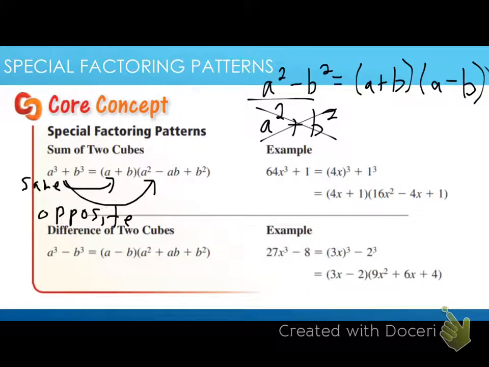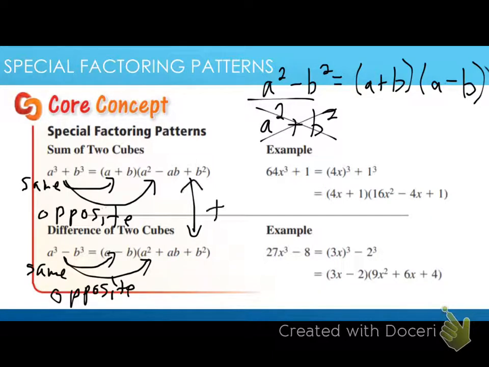Same thing with the difference of the two cubes. We have the same sign, opposite sign. That last one will always be positive for these two formulas. Always be a plus sign. So it follows kind of the same pattern.